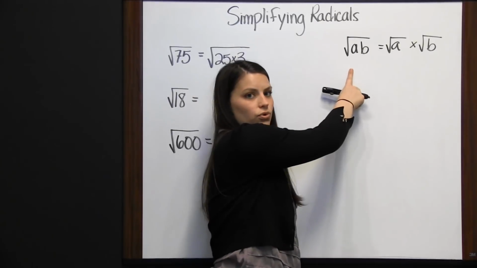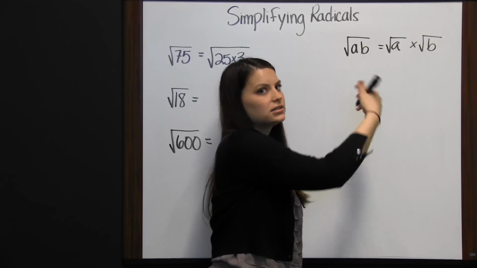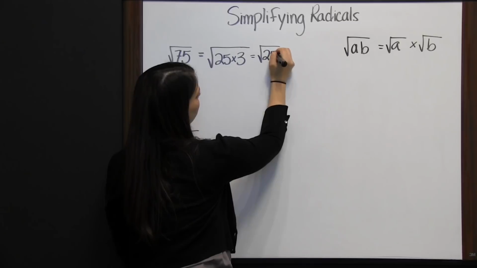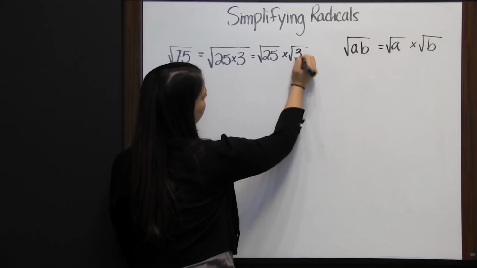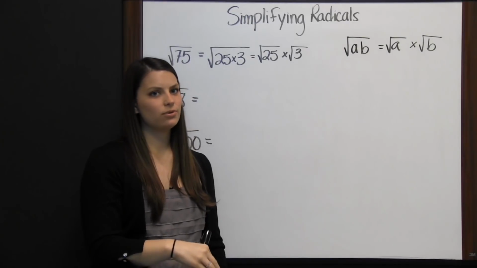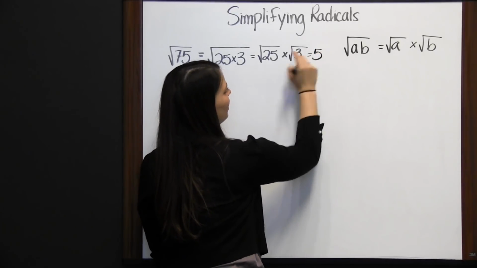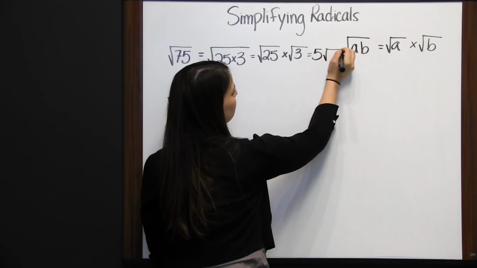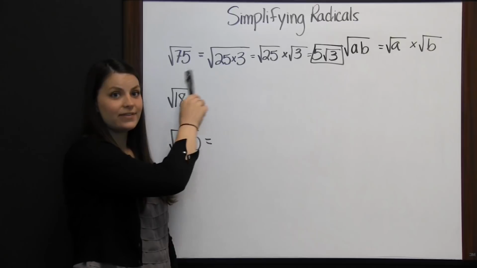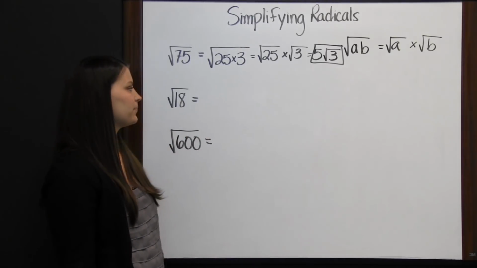Now I can use this rule that the square root of A times B is equal to the square root of A times the square root of B. So I'm going to rewrite this as the square root of 25 times the square root of 3. And now that I've broken it up, I can actually take the square root of 25. So the square root of 25 is 5 times the square root of 3. So 5 square roots of 3. So the square root of 75 in simplest radical form would be 5 square roots of 3.